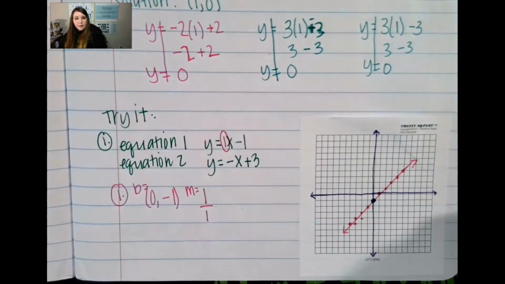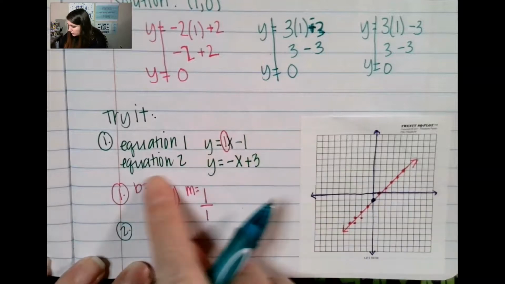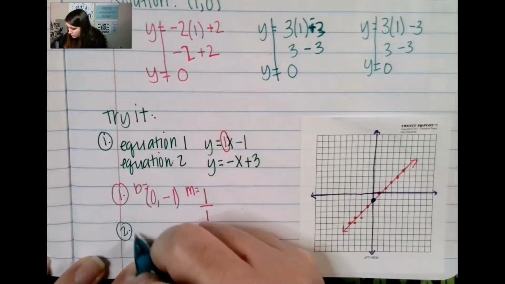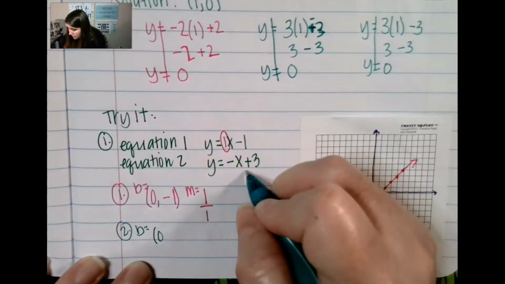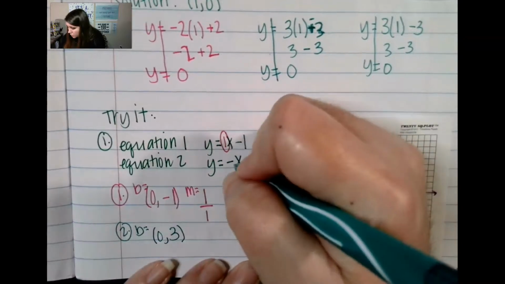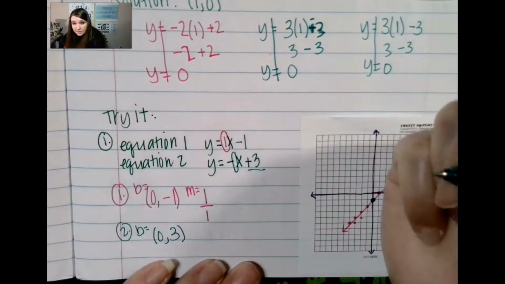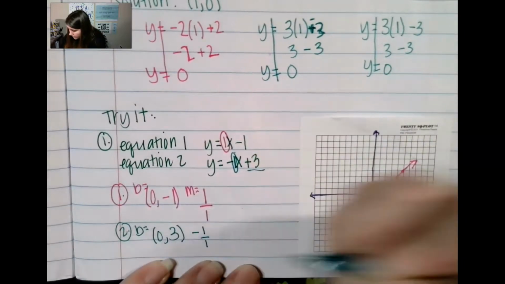Okay, now we're going to look at equation number 2. Equation number 2 says that b is when x is 0 and it's at 3. And our slope, again, we don't have anything there, so it's just a 1, so it's negative 1 over 1.